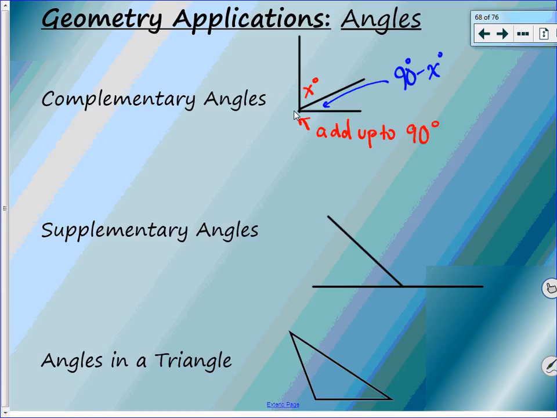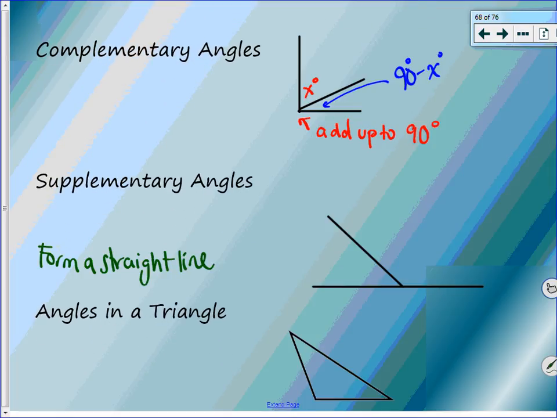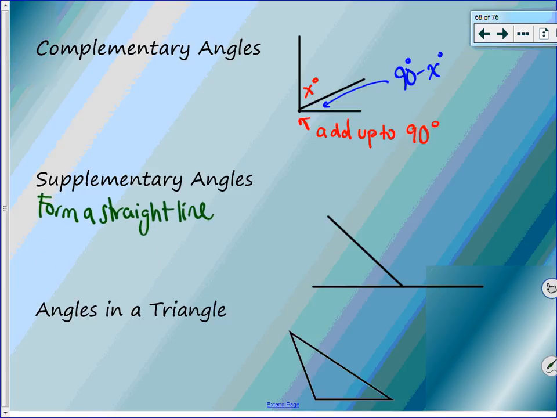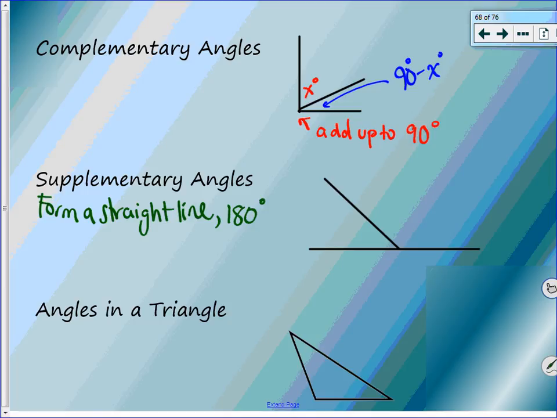Now supplementary angles, instead of forming a right angle or a 90-degree angle, form a straight line, and a straight line is 180 degrees. So if I call one of these x, what would the other one be?